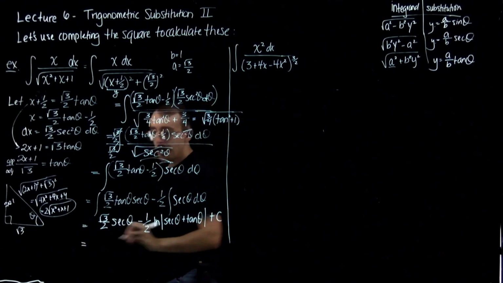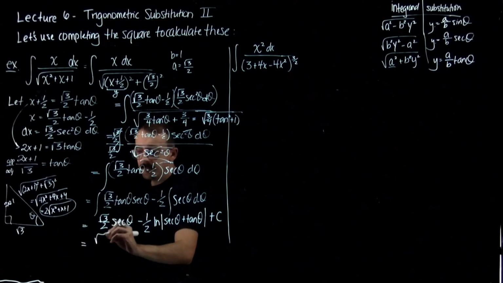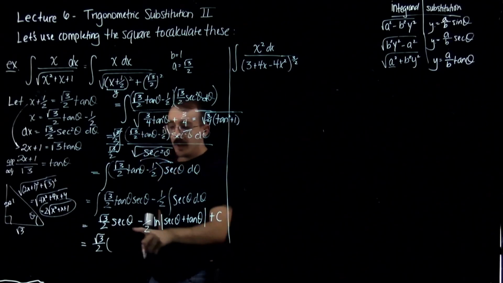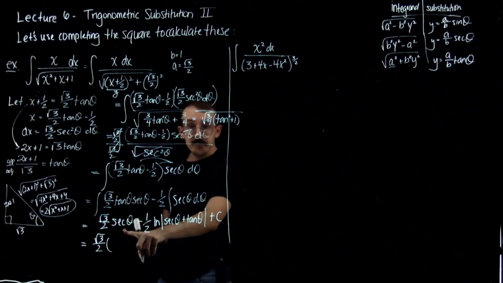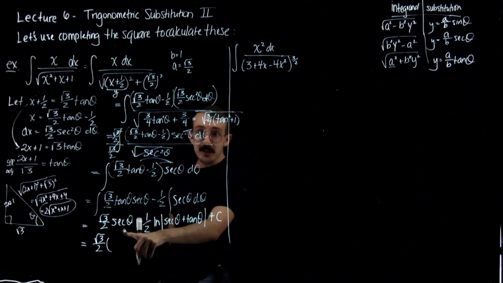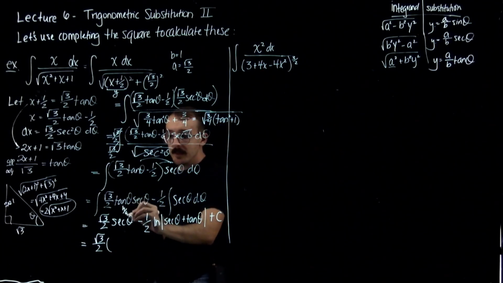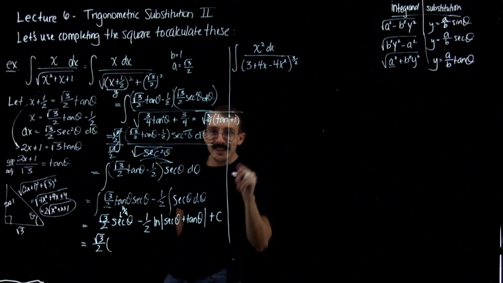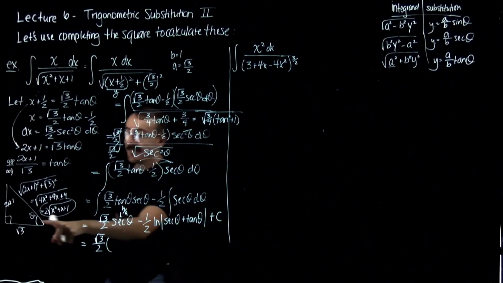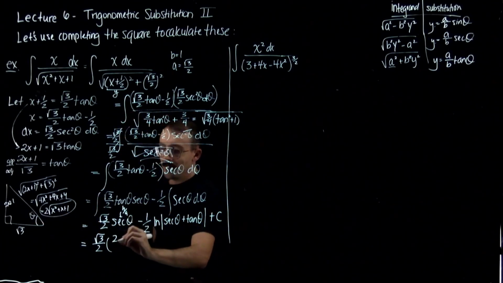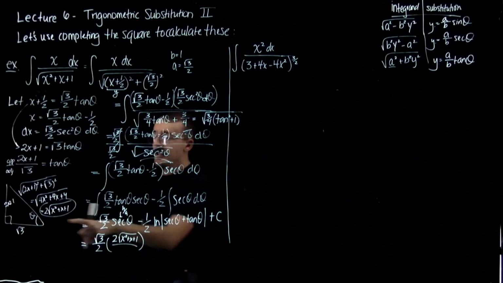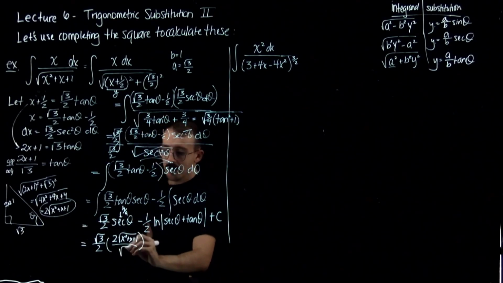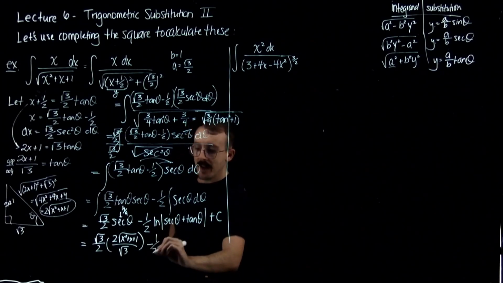So secant right here. Secant is 1 over cosine, and cosine is adjacent over hypotenuse, so secant is hypotenuse over adjacent. My hypotenuse is 2 radical x squared plus x plus 1. Adjacent is going to be root 3, minus 1/2.